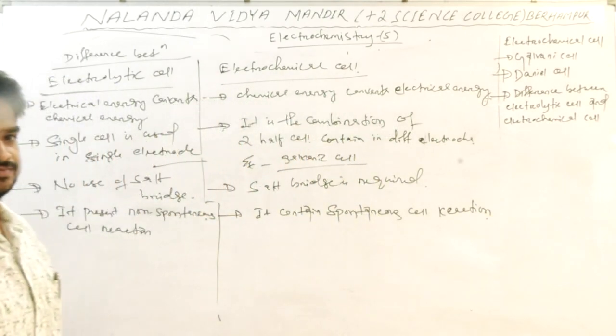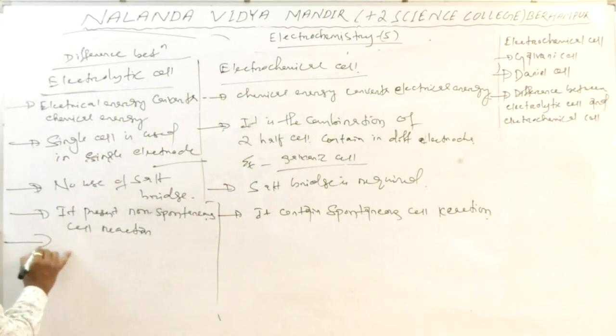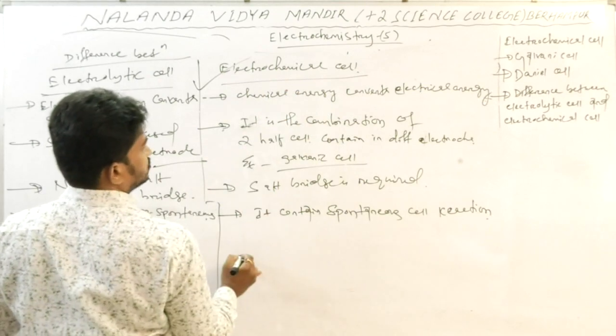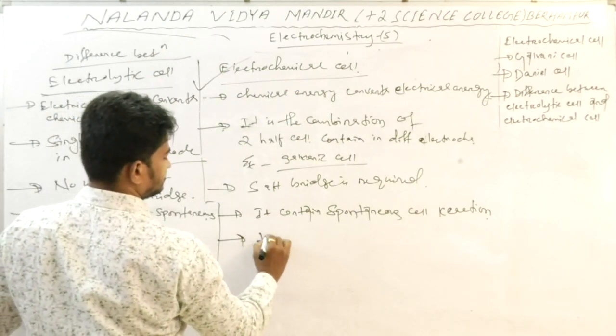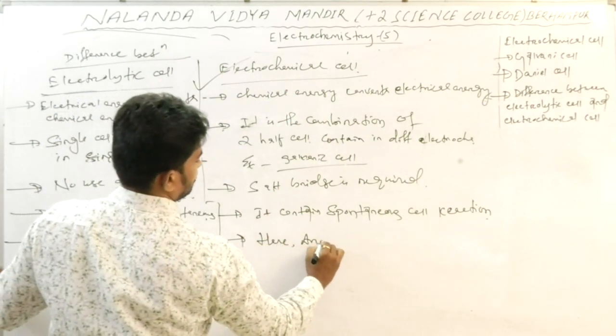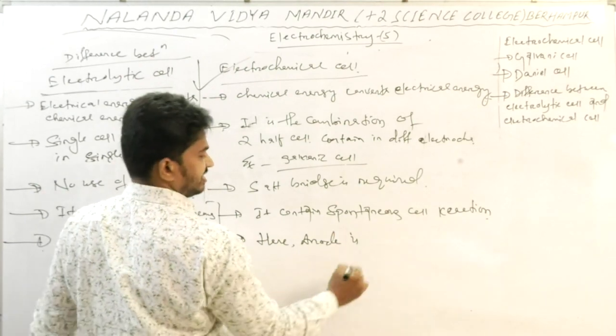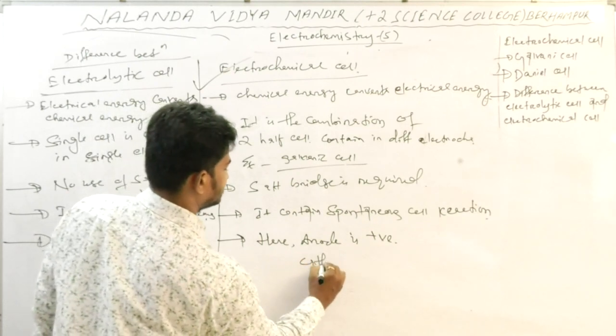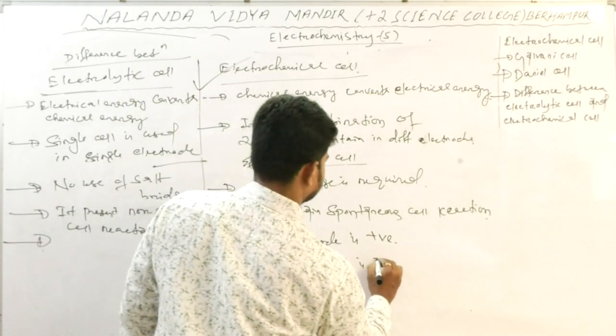In the electrochemical cell, the anode is negative and the cathode is positive.